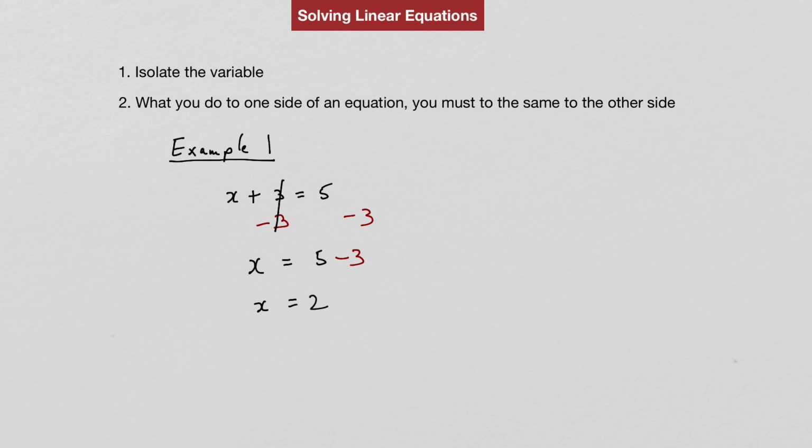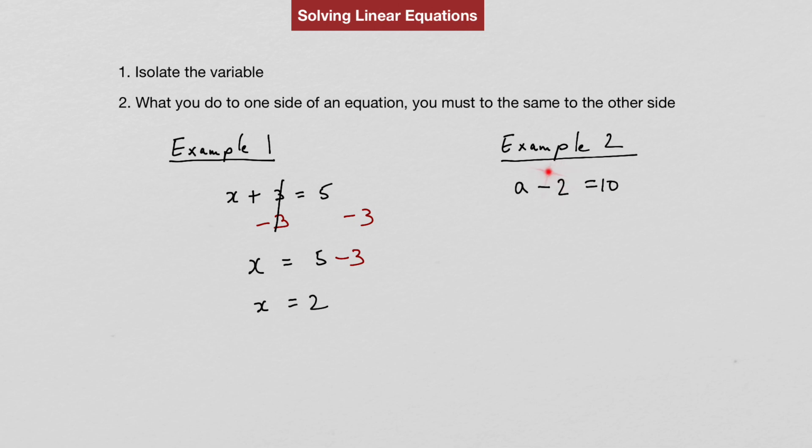So now I'm going to go through another example, a similar one, but with a slight variation. So here's example 2, and we're going to go with a minus 2 is equal to 10. Now, we want to isolate a so that it's by itself on this side of the equation.